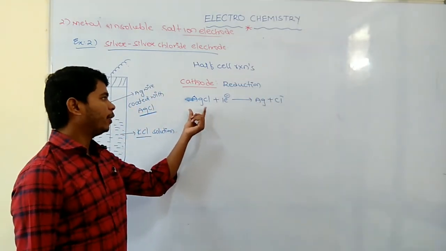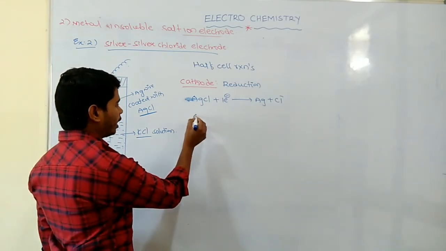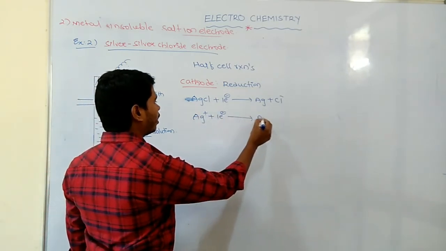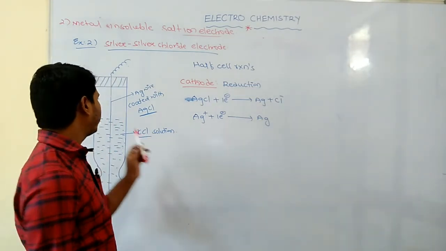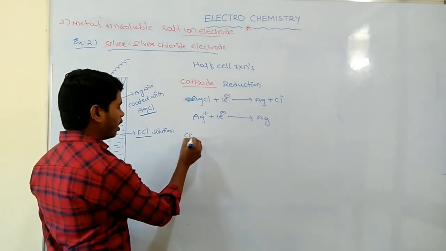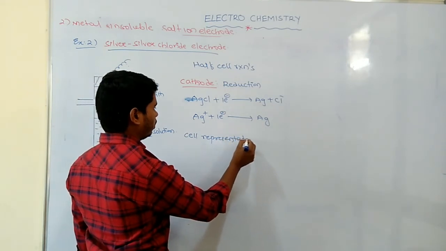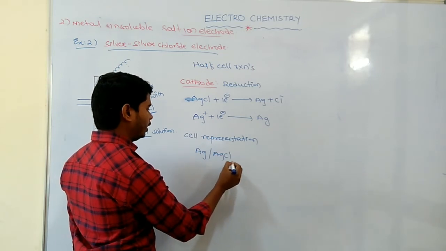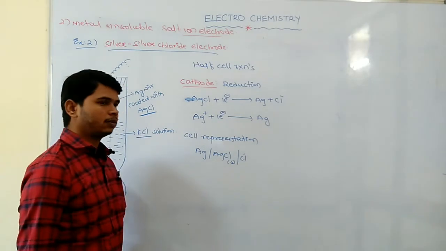Silver chloride is a combination of Ag plus and Cl minus ion. Particularly, this Ag plus gains one electron and is converted into silver metal, and this silver metal is deposited on the silver wire. The cell representation of this electrode is Ag, AgCl, by Cl minus.